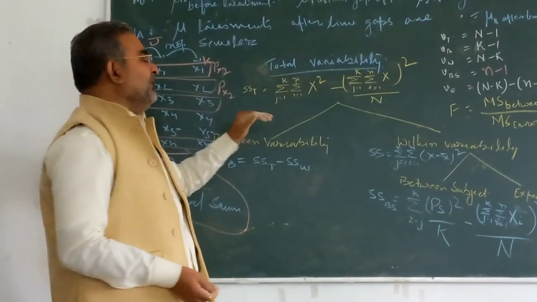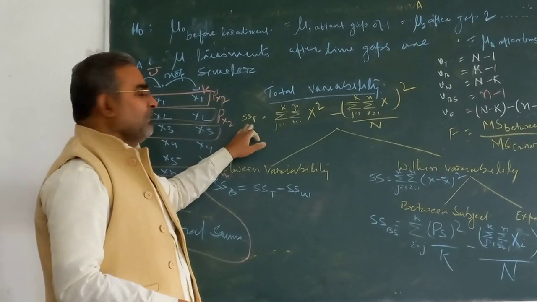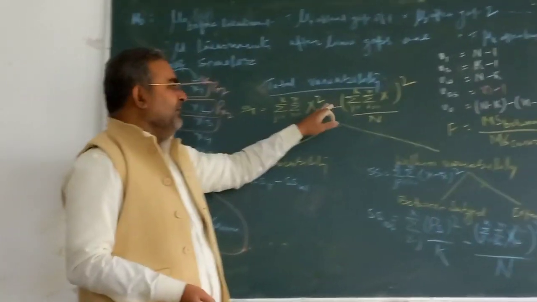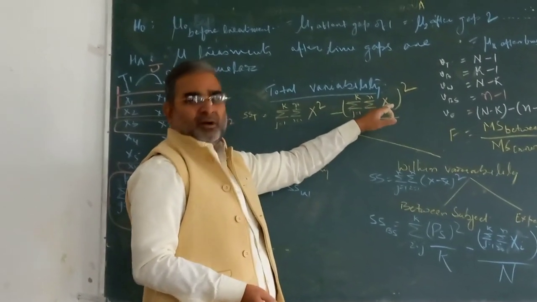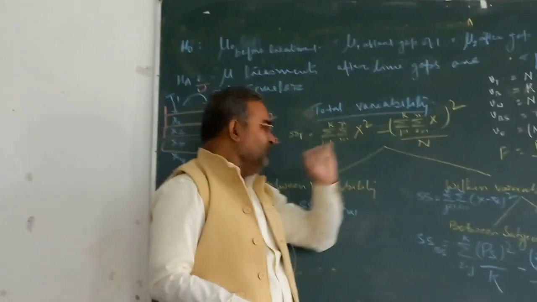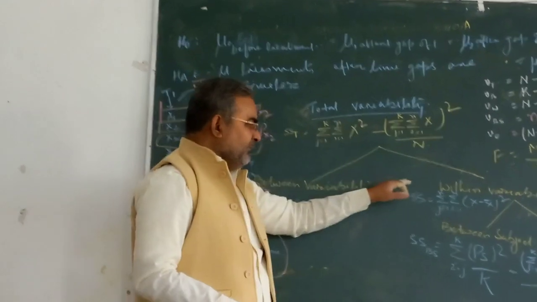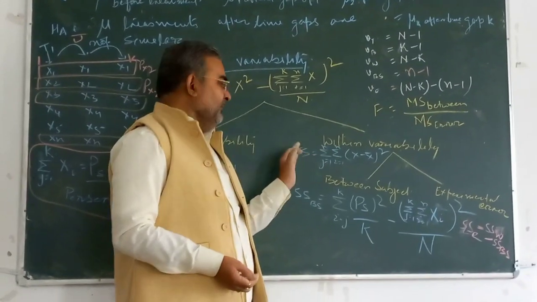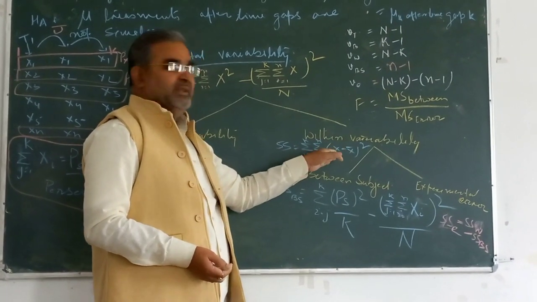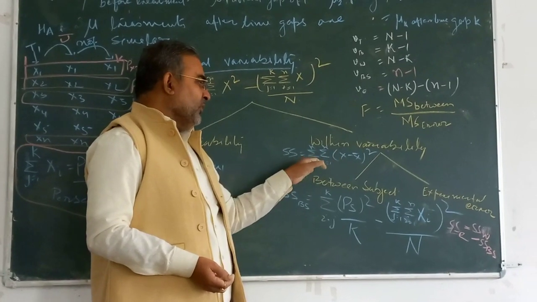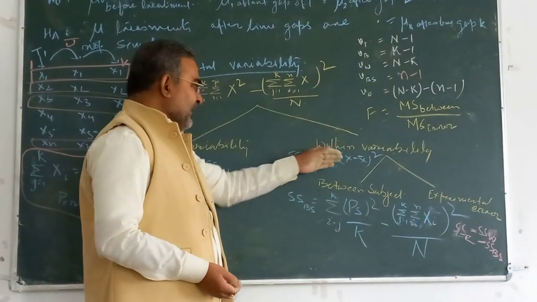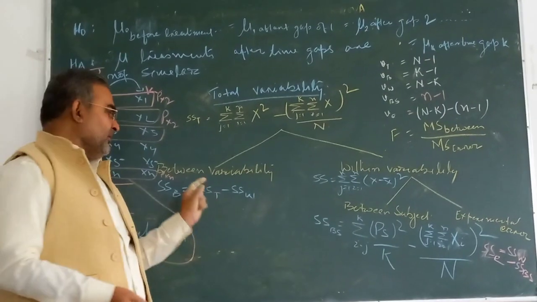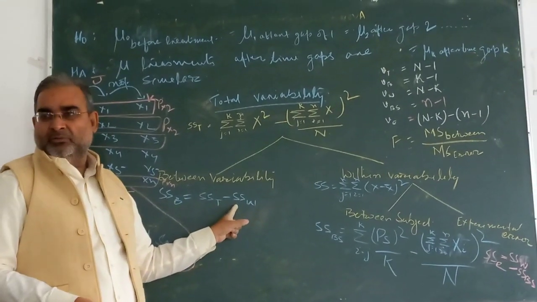For the calculation of the total variability, we calculate the sum of squares of the total by the formula: total of the x square minus the square of the total of samples divided by n, and then we calculate the within variability SSW, by the mean deviation of all the scores of the sample from I to J treatments, and then we calculate the between variability by subtraction, SST minus SSW.